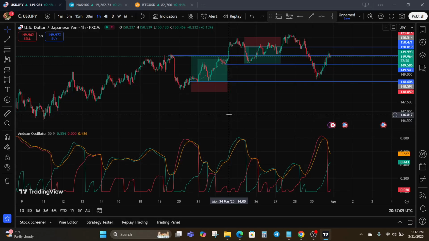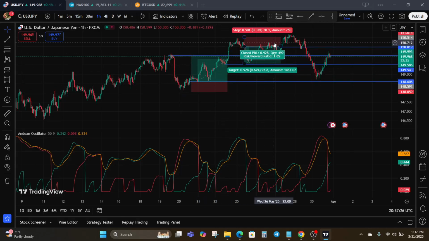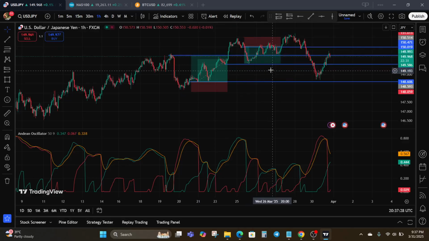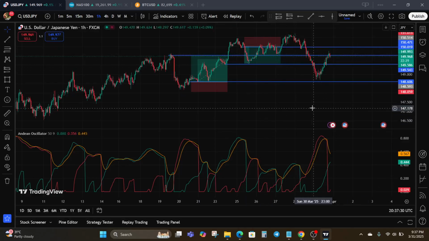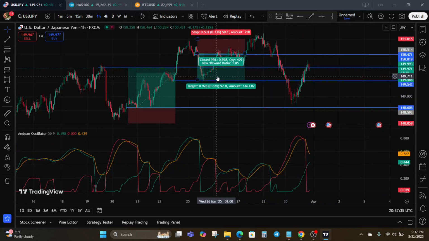Now, remember that irrespective of your trading strategy, risk management is paramount. So ensure that you always observe good risk to reward ratios. Like in the example I gave here, the risk to reward ratio is 2.62. This one was 1.85, but it's manageable. I recommend a minimum of 1 to 2, but if you have 1.7 or 1.8, you can manage that.